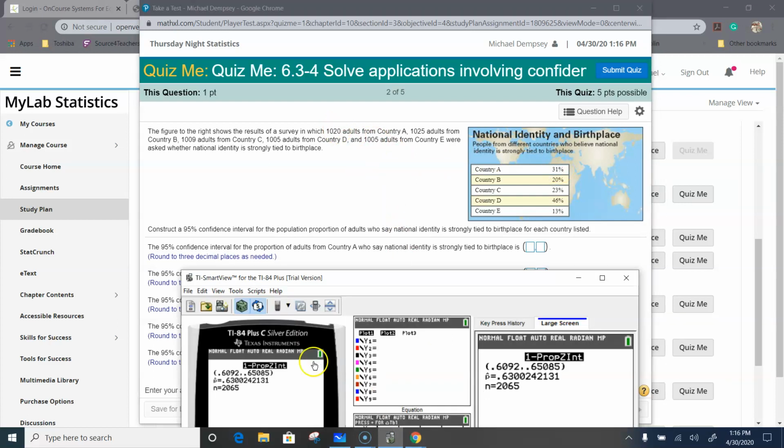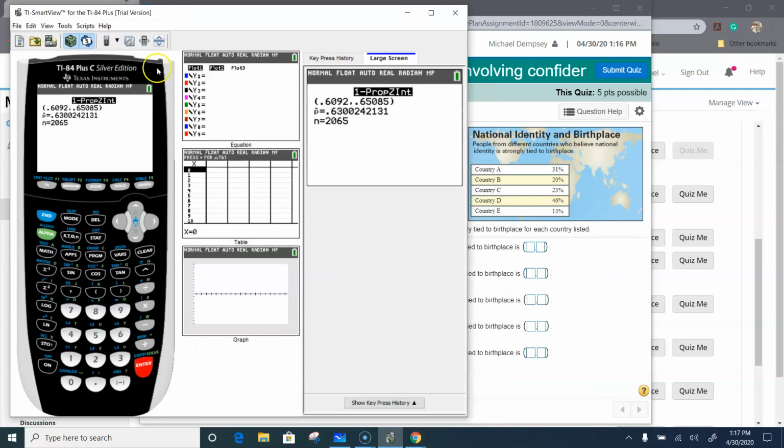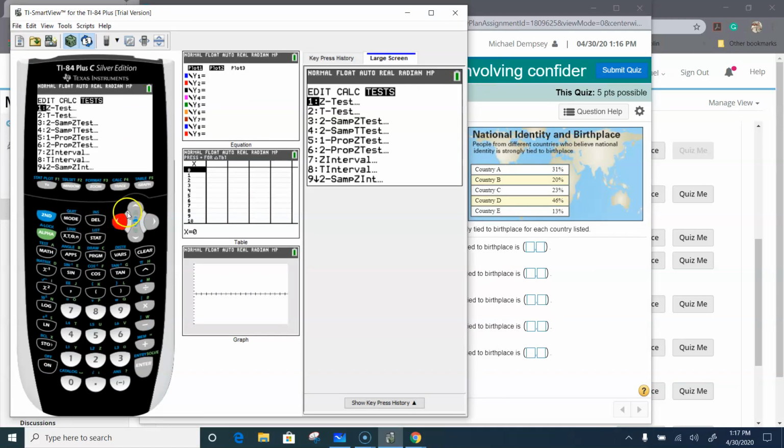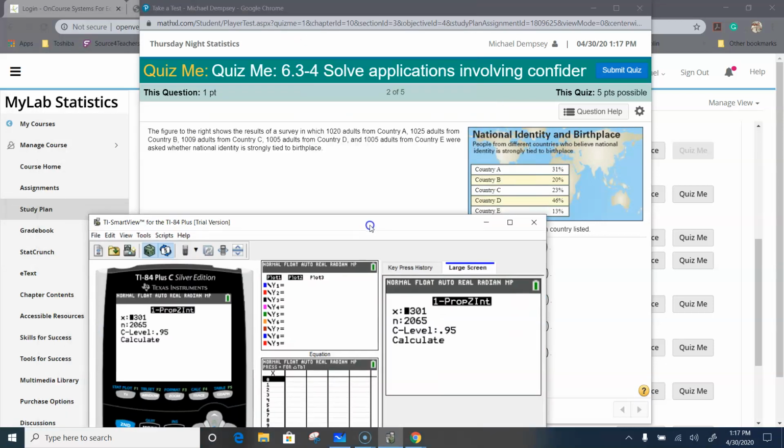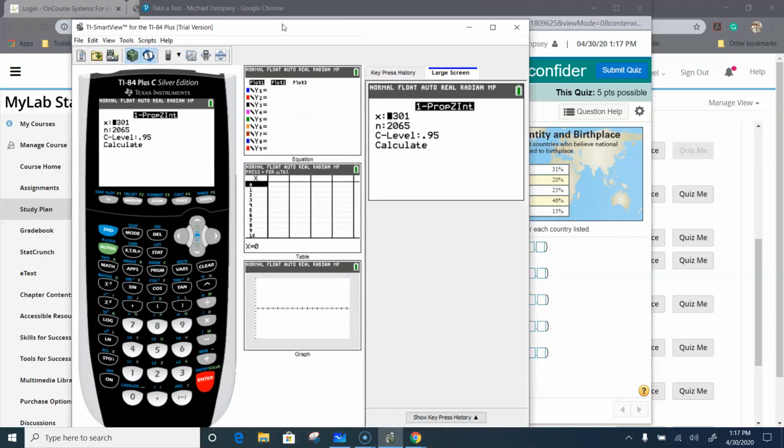So we go stat, test, 1 proportion z interval. I'm sorry, not z test, 1 proportion z interval. Tests are the next section. Again, remember it was 31% out of 1,020.